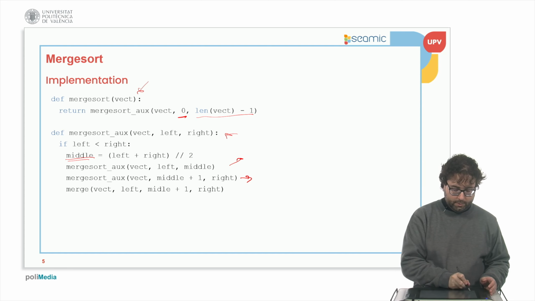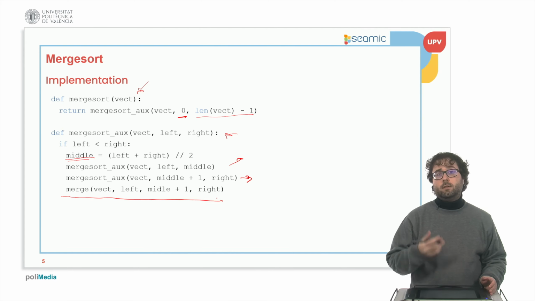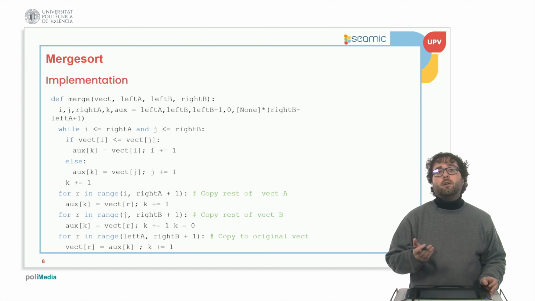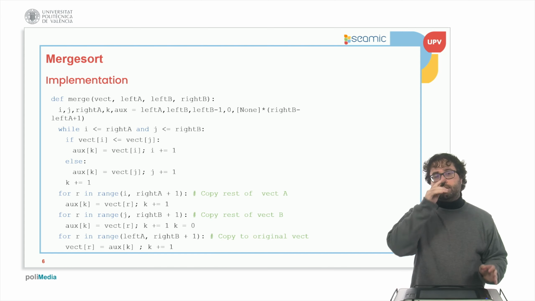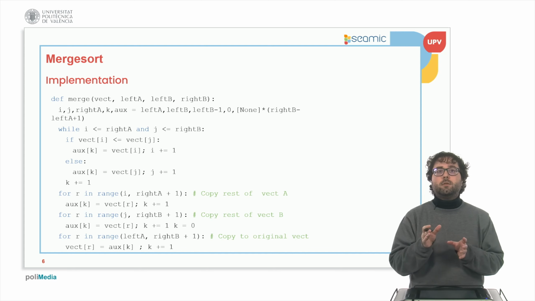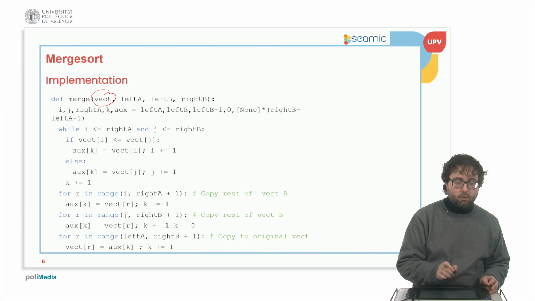And finally, for the combine part, we invoke the merge algorithm. And the merge algorithm sorts the two subsequences, storing them in the original vector.